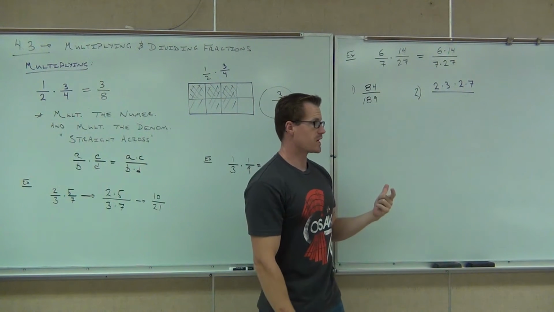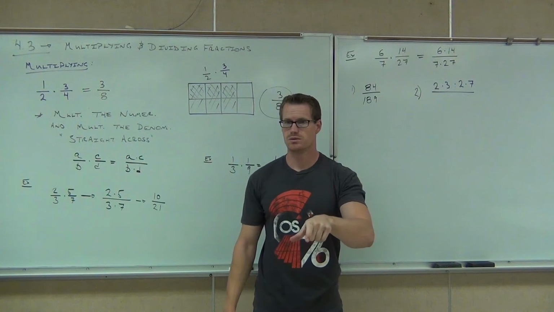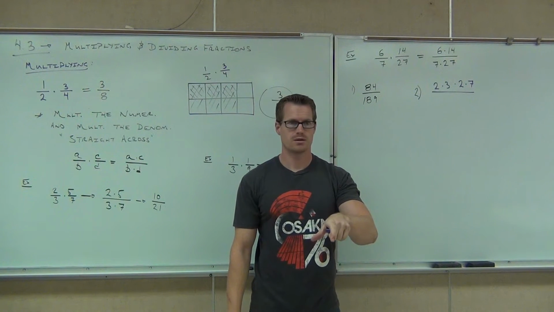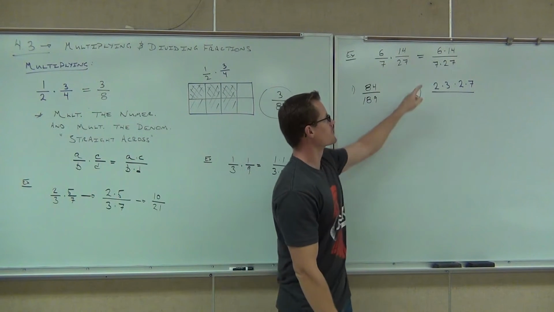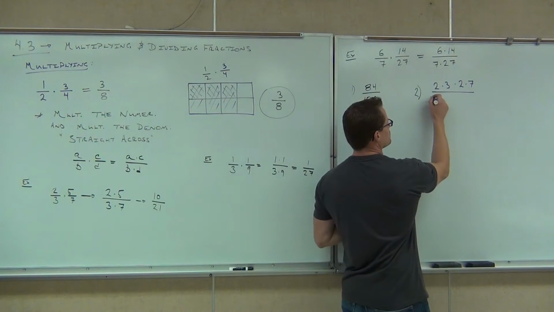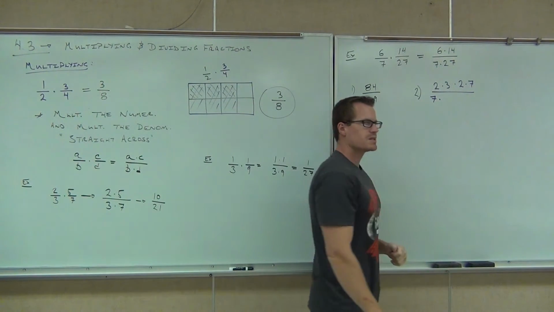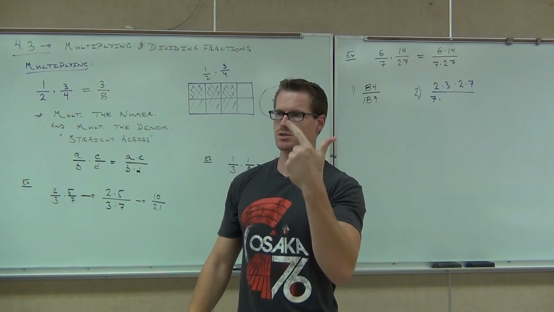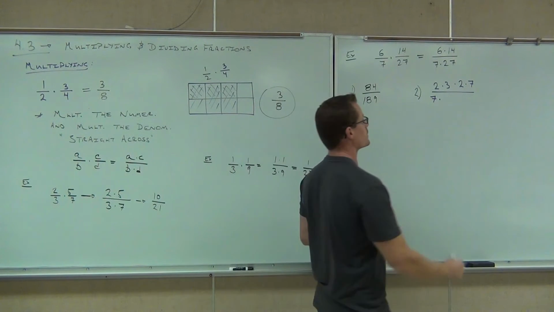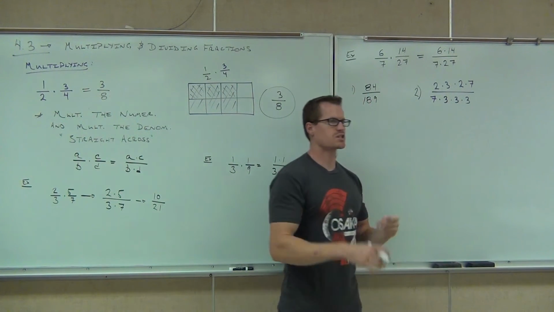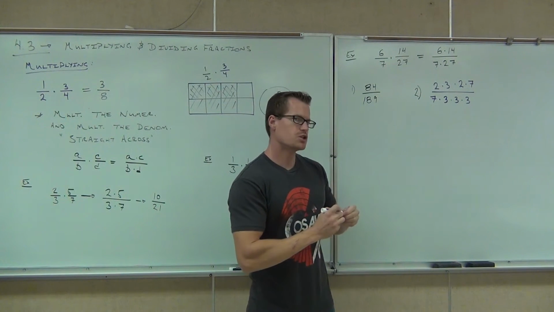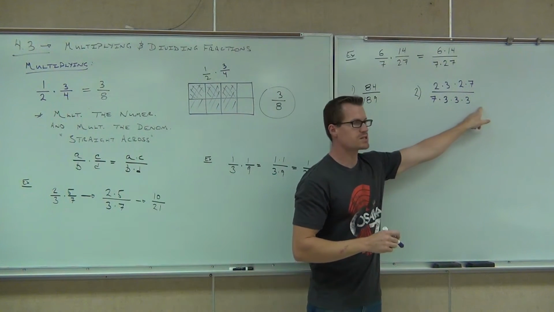Does that still represent 6 times 14 to you? Yes. You still with me on that? So that's 6, that's still 14, it's still being multiplied together. Now, the 7 times 27, if you break that up, is 3 times 3 times 3, or 3 times 9. Now I'm going to stick with the prime factorization because that's what I've shown you. Do you agree that this is still 7 times 27? Yeah.